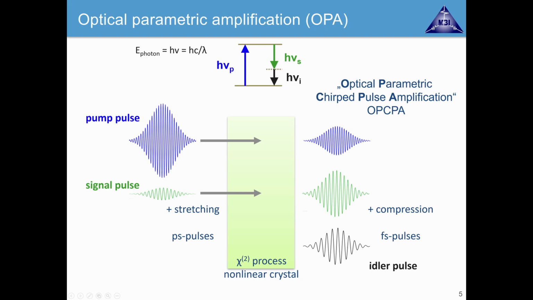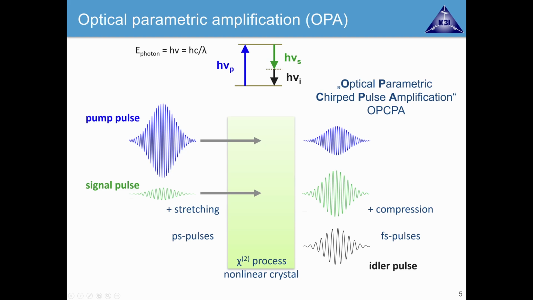There we have to overlap them temporally and also spatially. Plus, we need a crystal that allows us to make this process efficient. If we're successful, we take the energy which was initially in the pump pulse and transfer it into a signal pulse and a so-called idler pulse.